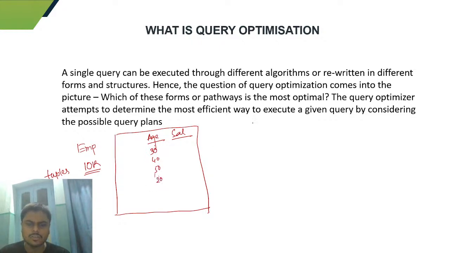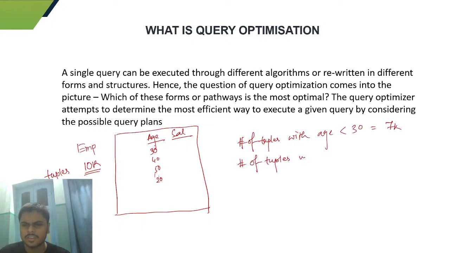The number of tuples with age less than 30 is, let's say, 7k, and the number of tuples with salary greater than 1 lakh is, let's say, 5k. So when you are applying the propositions salary greater than 1 lakh and age less than 30.